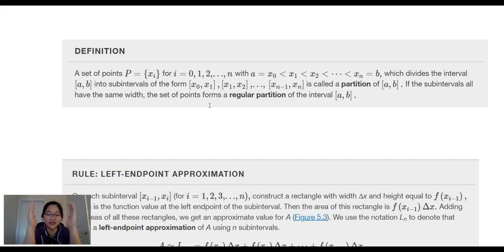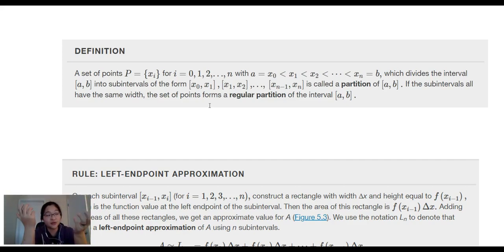We take this interval from a to b and slice it into n slices: from x sub 0 to x sub 1, then x sub 1 to x sub 2, and we keep going until we've covered our entire interval.